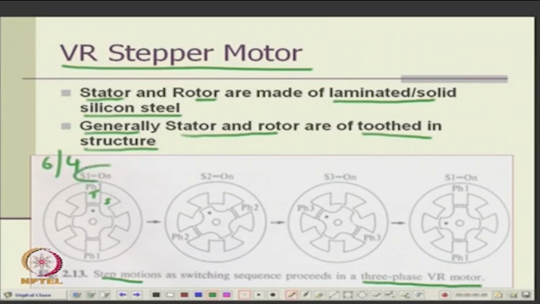So, S1 is on, okay. The phase 1 is on. Okay. Now, what you do is you put phase 2 on, this is phase 1, this is phase 2. So, when phase 2 is on, what will happen? Which one will move?